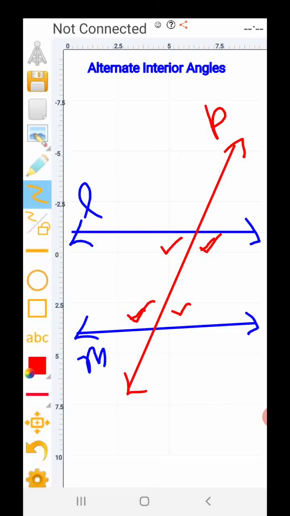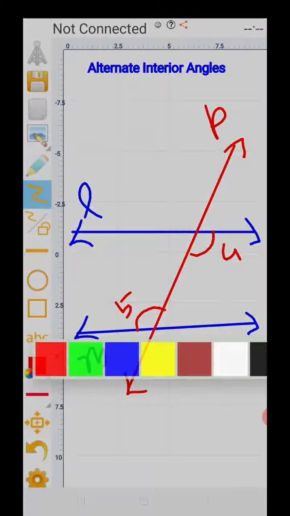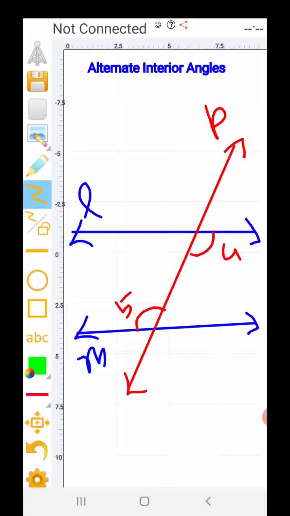Now alternate interior angle. Alternate means what? This one and this one, both are alternate. I give the name, this one is 4 and this one 5. Similarly, another alternate pair, this one 3 and 8.